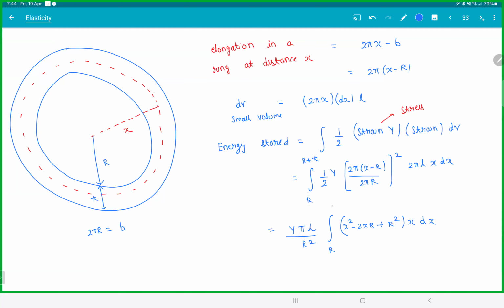Limits will go from r to r plus t. Numbers don't look that great, but this is simply an x power n integration, so simplify, you'll get an answer. So here the catch: don't use tension, use strain.